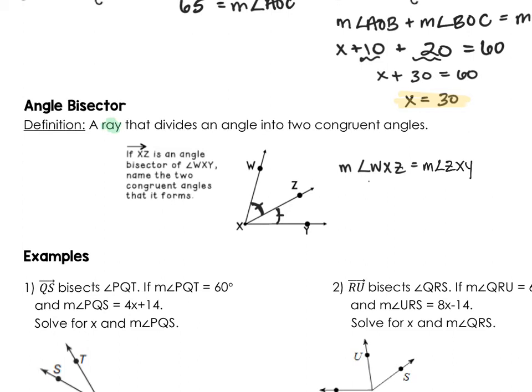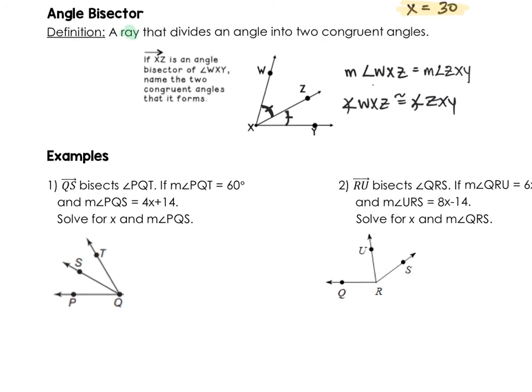So if I'm talking about the measure of those angles, I would say they're equal to each other. But if I'm just talking about the angles, angle WXZ is congruent to angle ZXY. So when we talk about their measurements, we're talking about numbers. We're talking about things being equal. When we talk about just the angle itself, we talk about them being congruent.